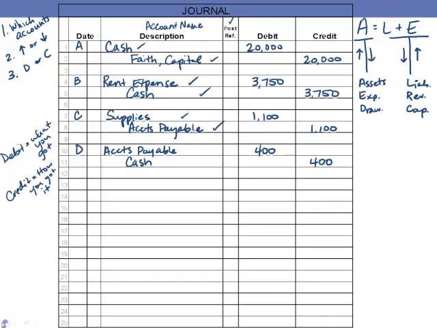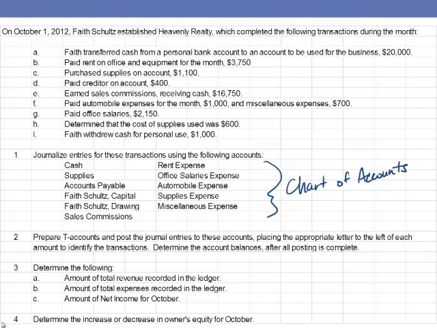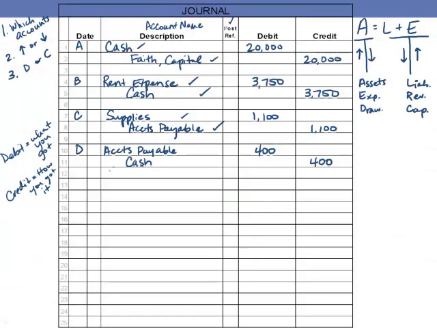All right, transaction E. Earned sales commissions receiving cash, $16,750. Okay, which accounts? Sales commissions and cash. Up or down? Sales commissions goes up, cash also goes up. All right, so sales commissions, we want revenue to go up, that's a credit.